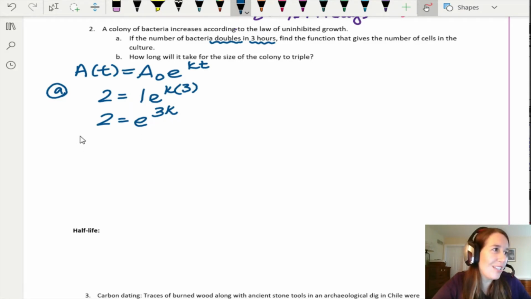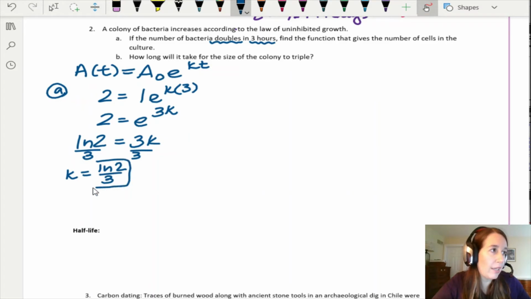Okay, so this is natural log, because the base is e, of 2 is equal to 3k. Okay, to solve for k, let's divide both sides by 3. So k is equal to natural log of 2 divided by 3.